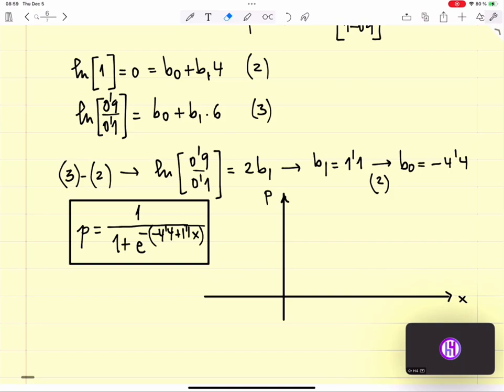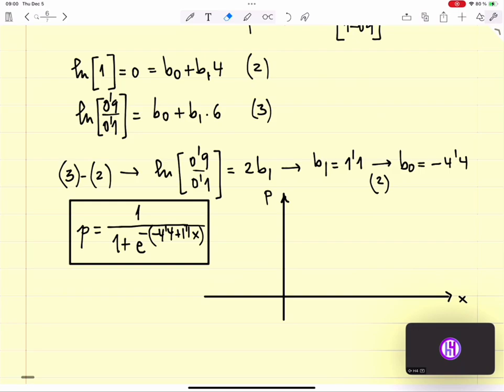Does this make sense, what I'm doing? 1 divided by 1 plus... no, I'm not writing, I'm thinking. I need a little bit of thinking now. One second.